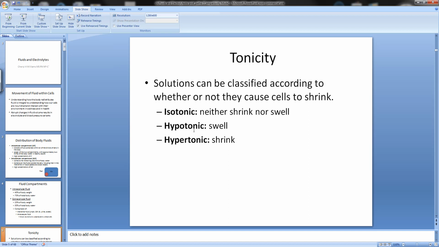The cell will actually swell in response to fluid distribution. I think of this in terms of a hypodermic needle, and that's how I remember hypo makes cells swell, because you can put a needle in there and inject fluid into it and make the cell swell. And in situations where the area around the cell is hypertonic, the cell will shrink.